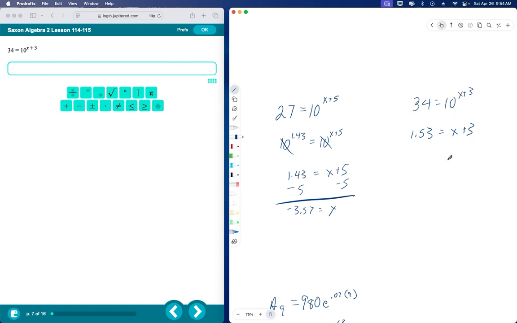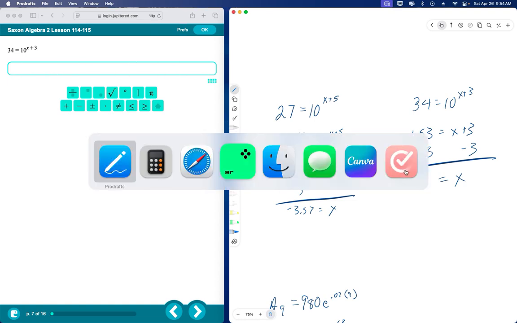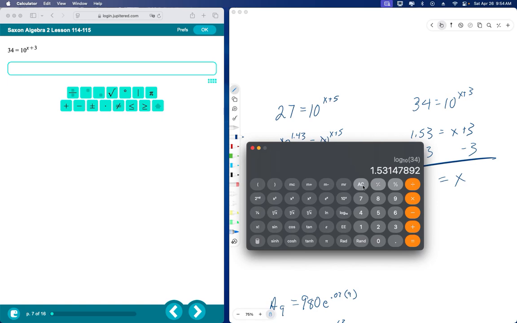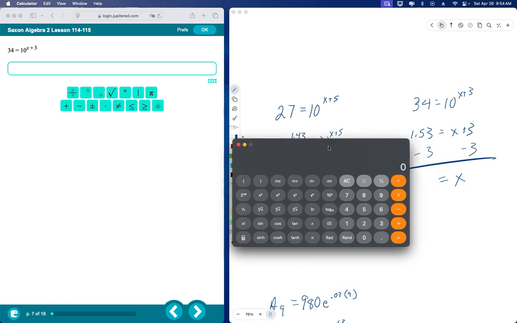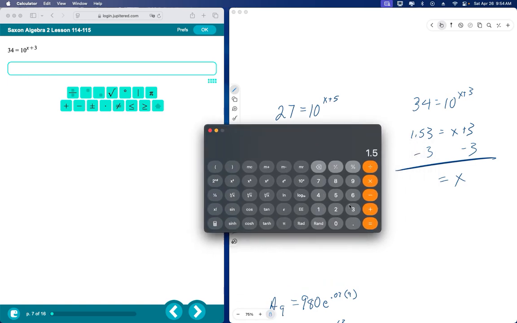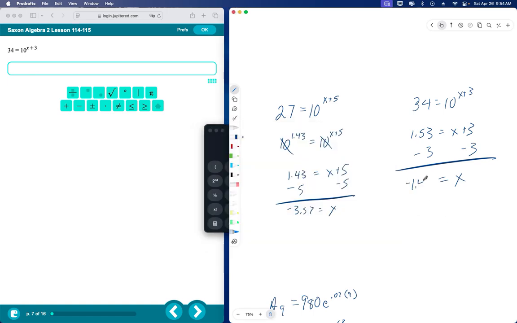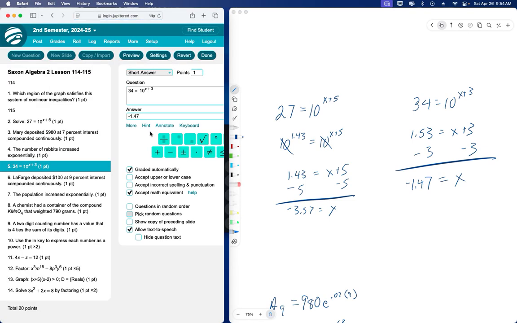So now we can subtract 3 from both sides, and then we find out what x is. So that's going to be 1.53 minus 3, which is negative 1.47. So that would be the answer for that. And if I click OK, then that is the right answer. Okay.